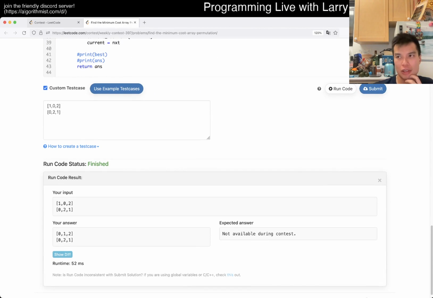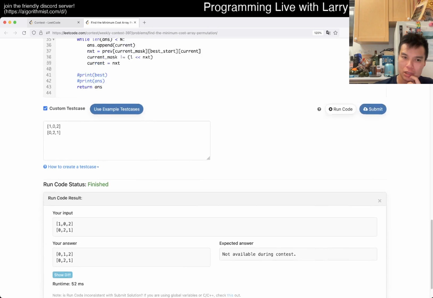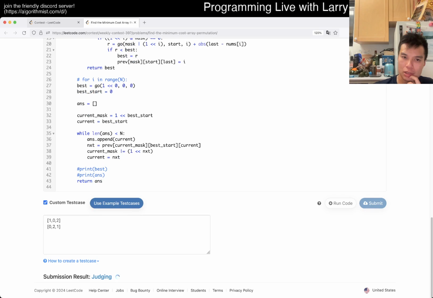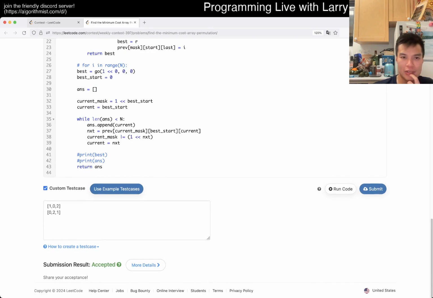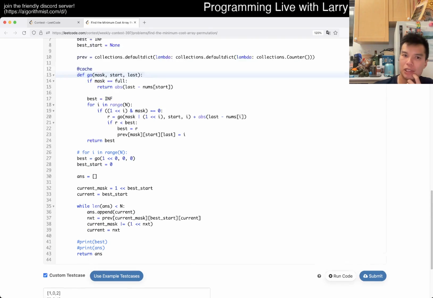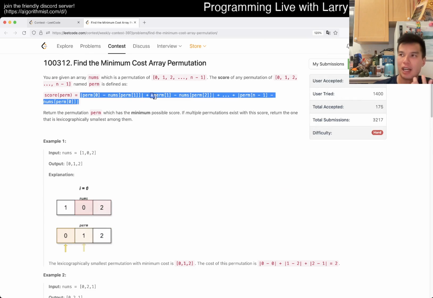Oh, because lexicographically. I guess lexicographically it makes no difference, because by symmetry the answer is going to be a rotation of this, and so if the answer is a rotation, that is so okay.